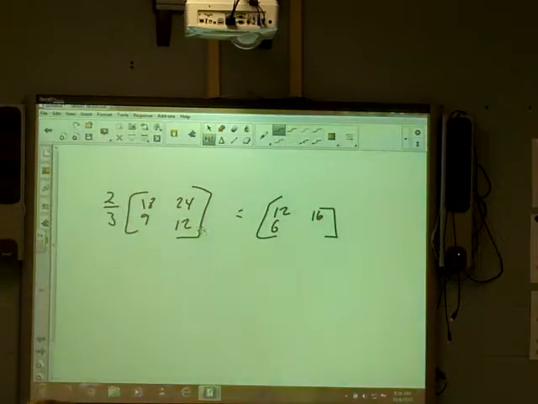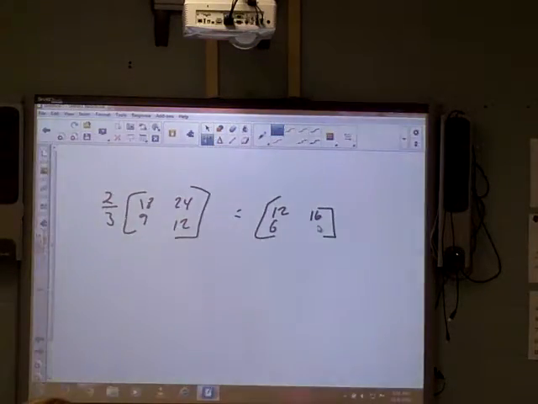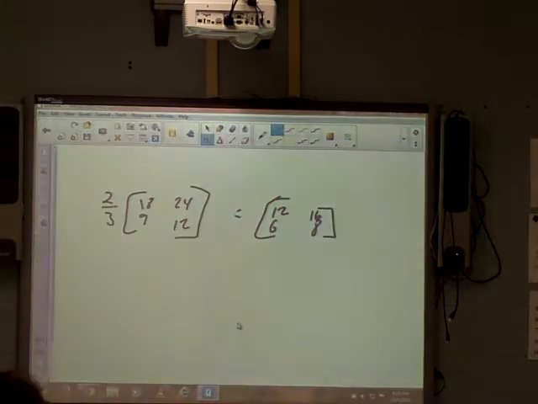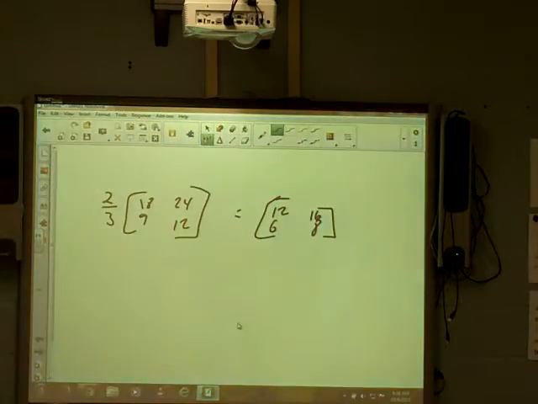And then 2/3 times 12 is 8. Everybody good? Pretty simple. I don't know where scalar came from, but all it means is you distribute it to everything.